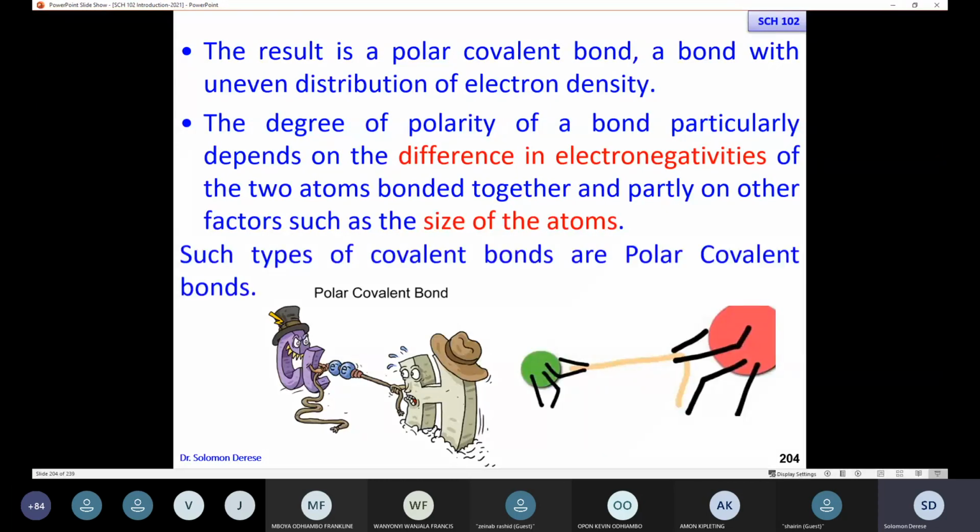Such type of covalent bonds that are formed between two elements that have differing electronegativities is called a polar covalent bond. So if you have a polar covalent bond, a covalent bond between hydrogen and chlorine, as you can see in this particular case, the chlorine has got very big teeth.